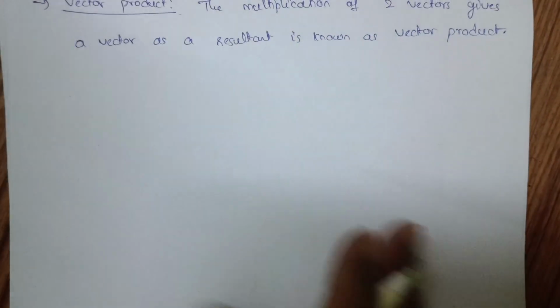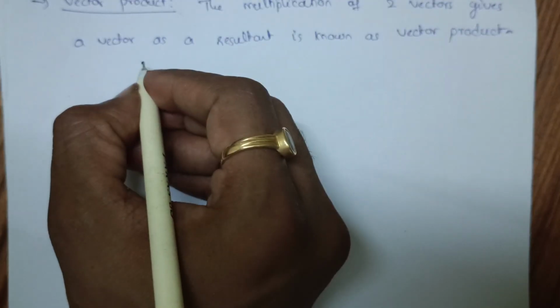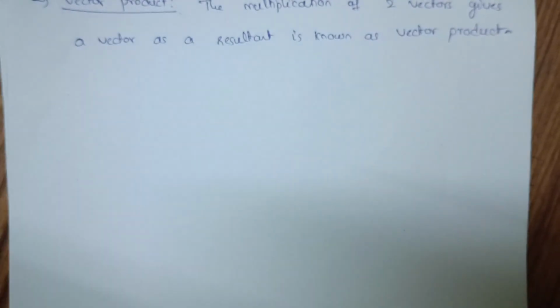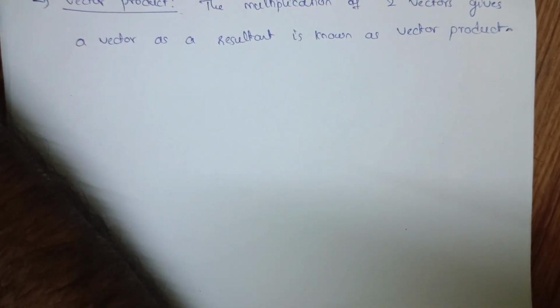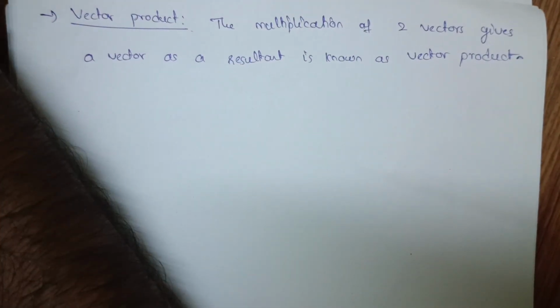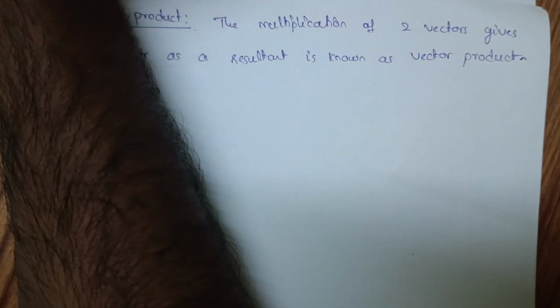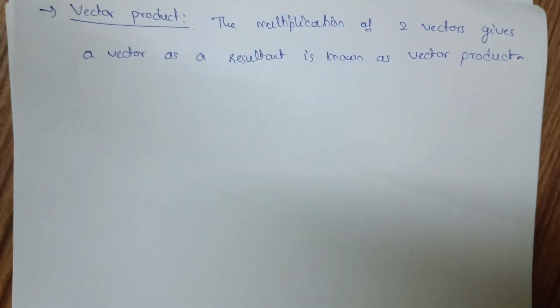And here, while we were discussing scalar product, we never considered the direction, because we were getting a scalar as the resultant. But when we consider vector product, we get a vector as the resultant.